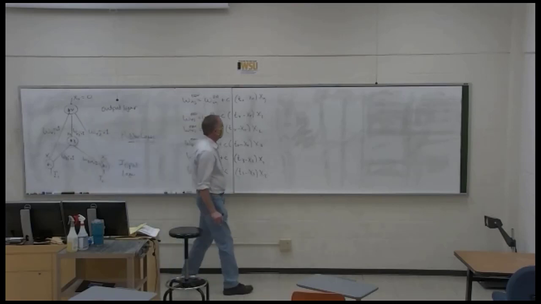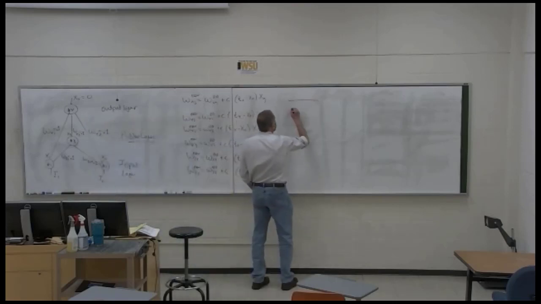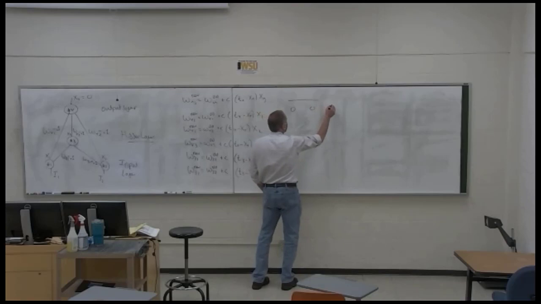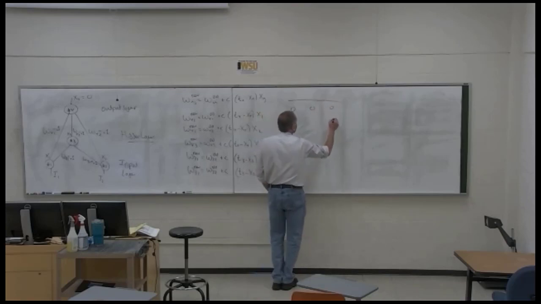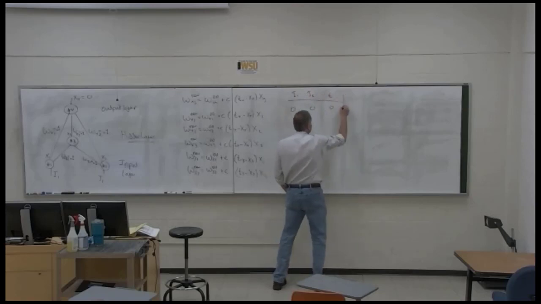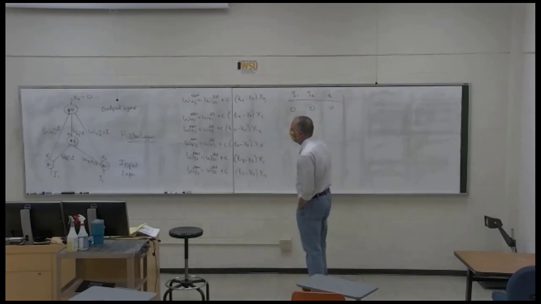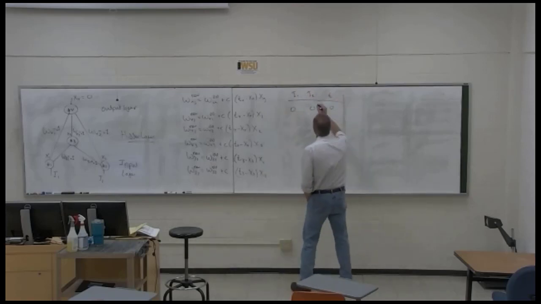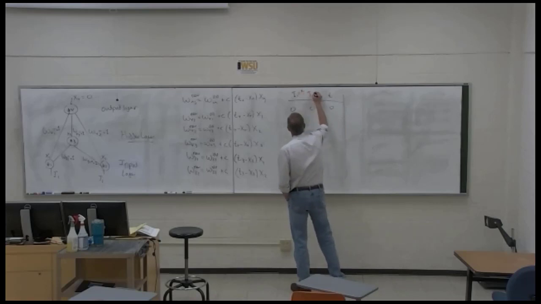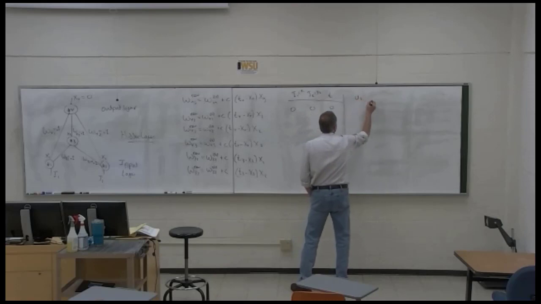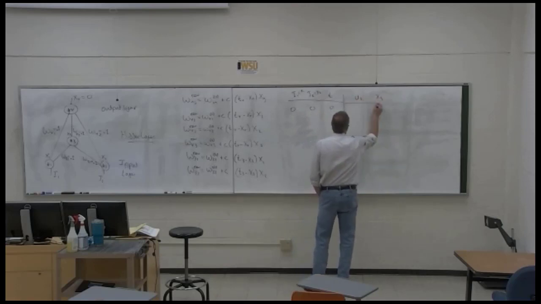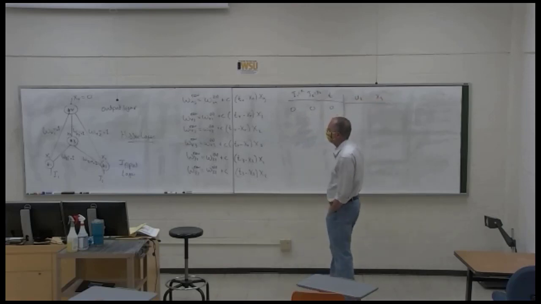So if we start to calculate this, we'll put in a 0, 0, and our target for the XOR is a 0. This is X1, this is X2, so we'll calculate U3 and X3. They're all going to be zeros, so I'm just going to list what we need to calculate.